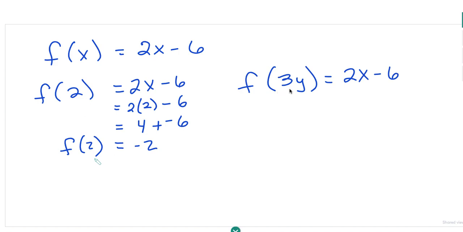Now we can also take a function and put in a term that has a variable. So this asks us, tell us the value of this function 2x minus 6 when x is equal to 3y. So again, I'm going to take my 3y and I'm going to put it in wherever I see an x.